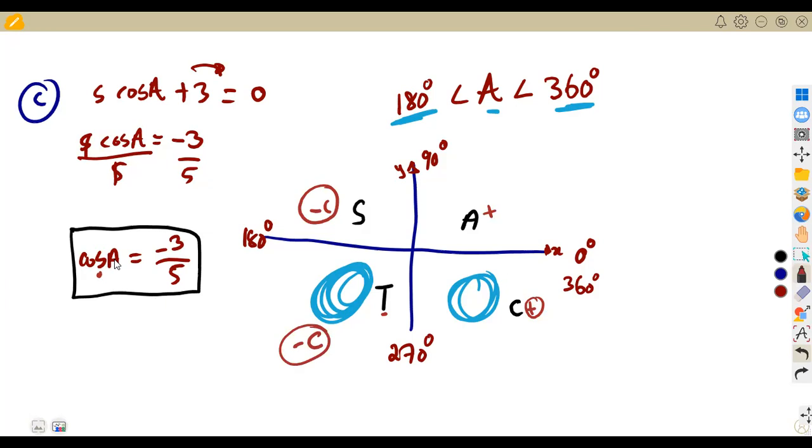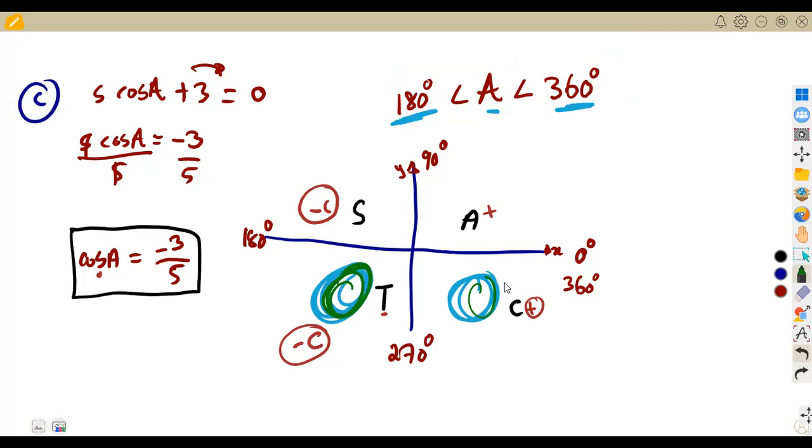So as a final conclusion, the region where this A is going to lie is the quadrant which satisfies both conditions. It is not supposed to satisfy only one condition, it is supposed to satisfy both conditions that you're given. The first condition is that A is greater than 180 but less than 360, and we saw that we've got two regions to consider.